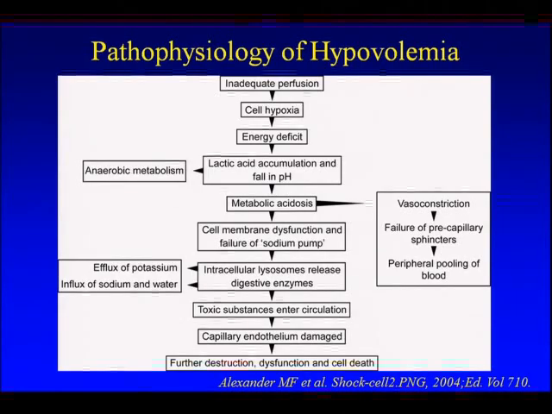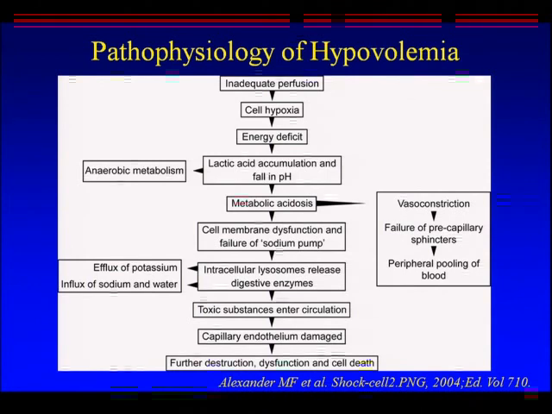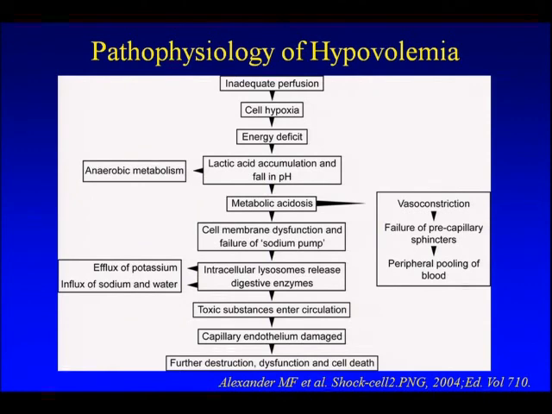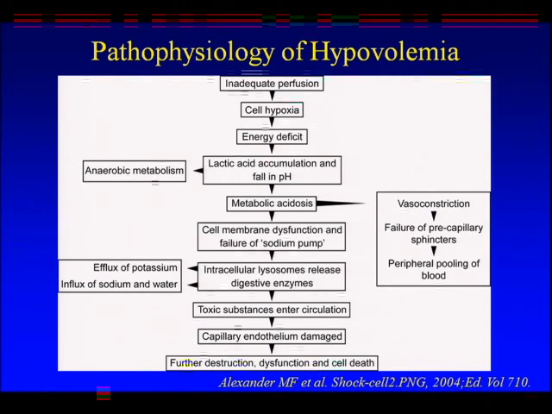Now, we know that hypovolemia is bad, and hypervolemia is bad, as Dr. Marik showed you earlier. So if you have a patient that is hypovolemic, resulting in inadequate tissue perfusion, resulting in cell hypoxia, and your cell is not working very well, lactic acid accumulation, resulting in metabolic acidosis, failure of your sodium-potassium pump, and if you don't take steps to reverse that, the patient goes down that track, resulting in multiple organ dysfunction syndrome.